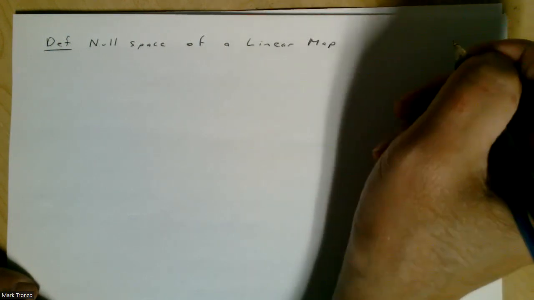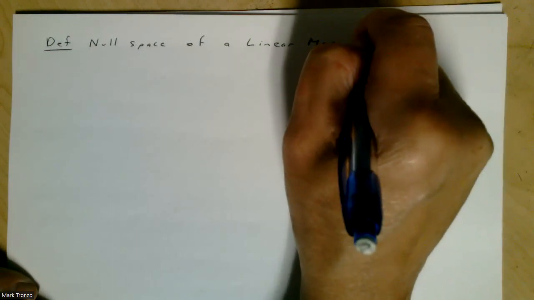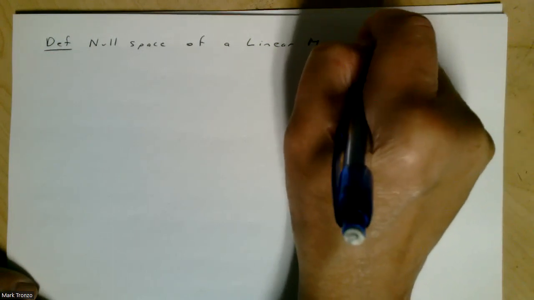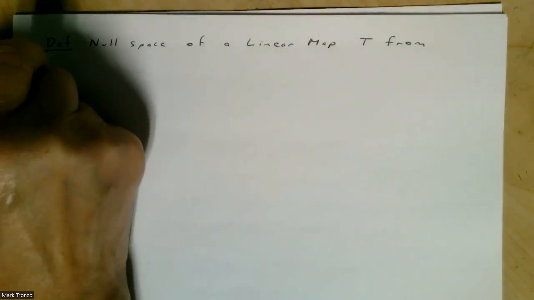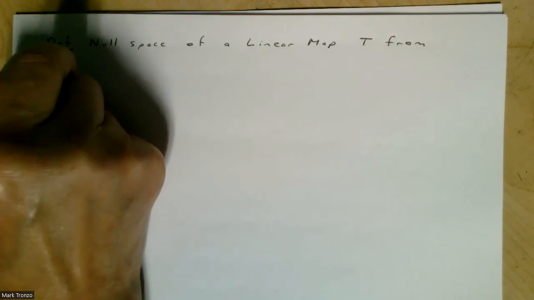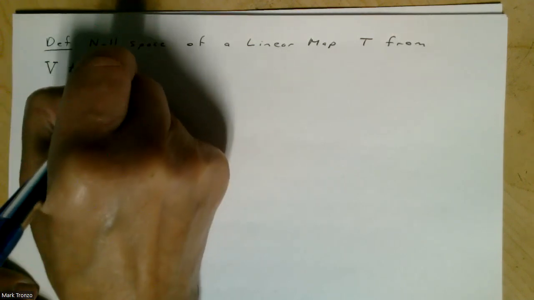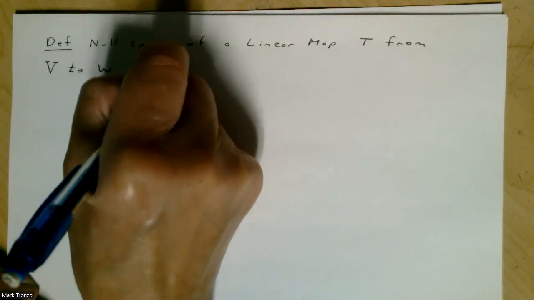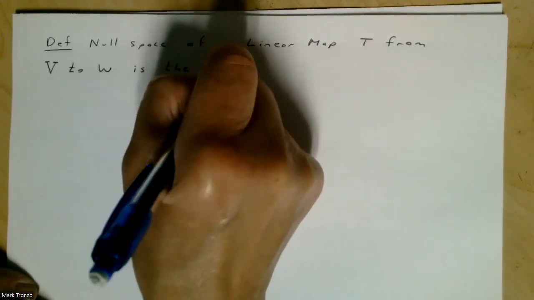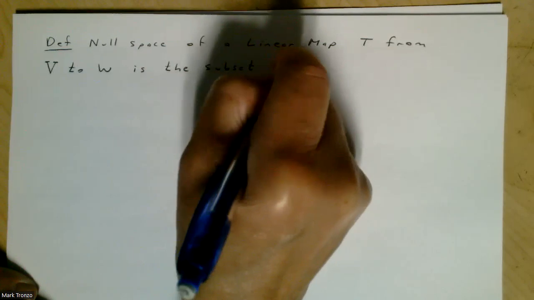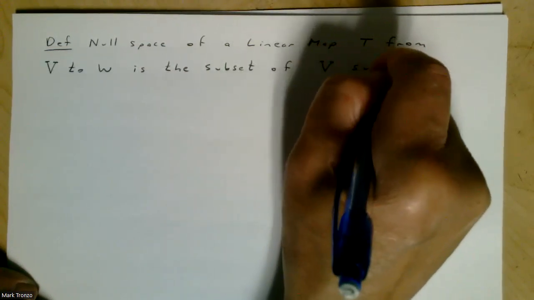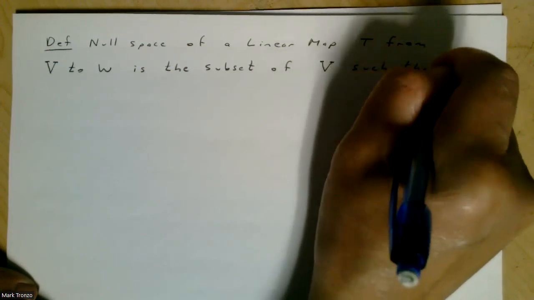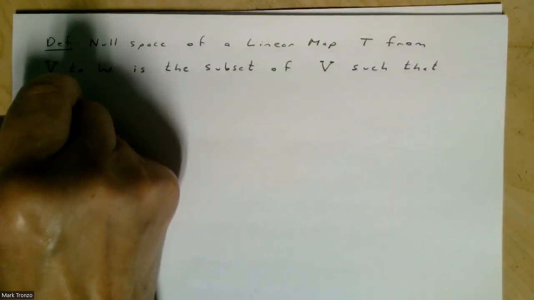So the null space of a linear transformation or linear map T from some vector space V to some vector space W is the subset of V such that, and I'll write it in this term here.